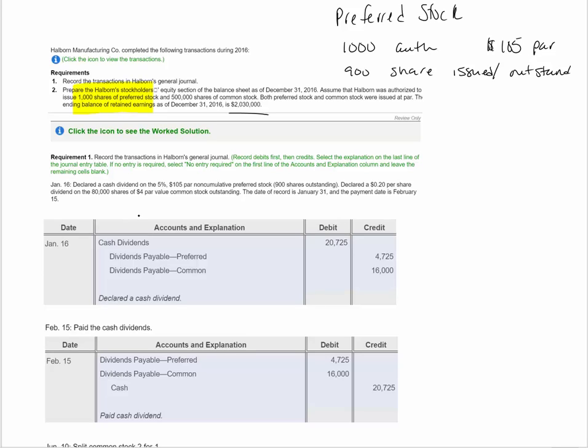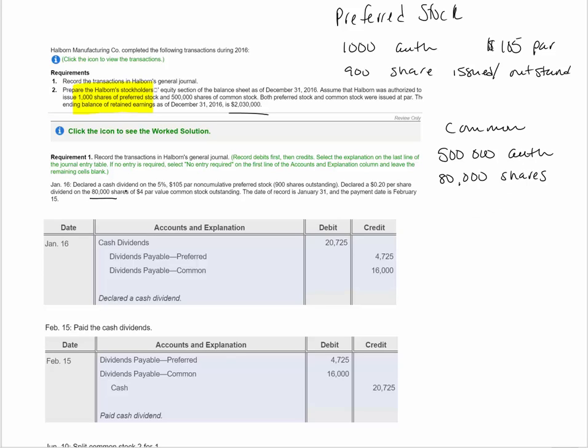The other thing it tells us is that there's a 20-cent per share dividend on the common stock. For the common stock, we have 500,000 shares authorized. That's how much we're allowed to put out there. We've got 80,000 shares issued and outstanding.